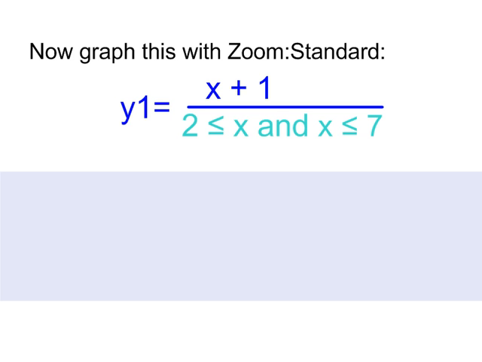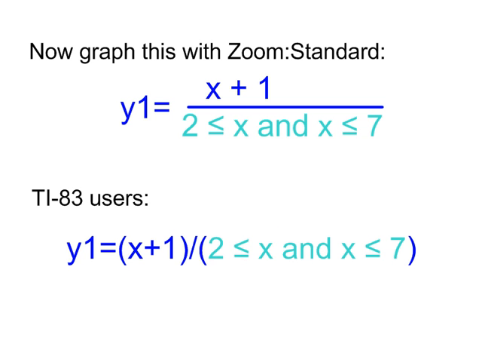On your TI-84, remember to use the alpha F1 to get this nice horizontal fraction bar and enter it exactly as you see here. TI-83 users, you'll have to enter a couple pairs of parentheses to make that work, but it should work the same other than that.